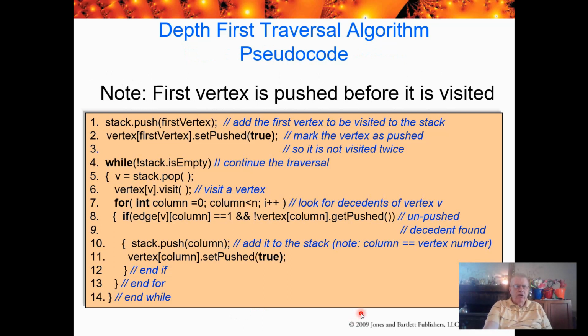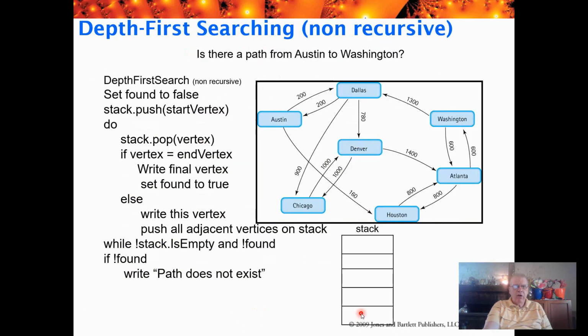So here's some code to show how that works, and I'm not going to go through the code. Here's a depth first search, and the question is: is there a path from Austin, which is over here, to Washington? We see right away that there is a path, but we'll use the computer to figure that out.